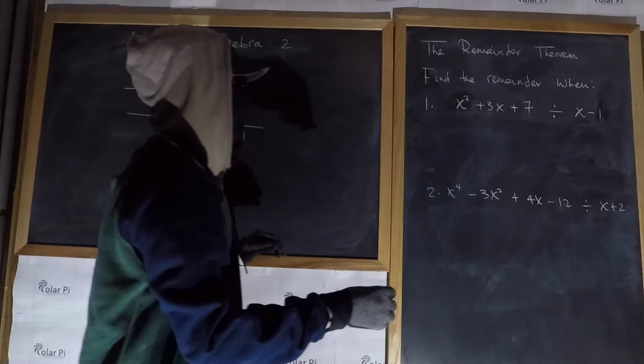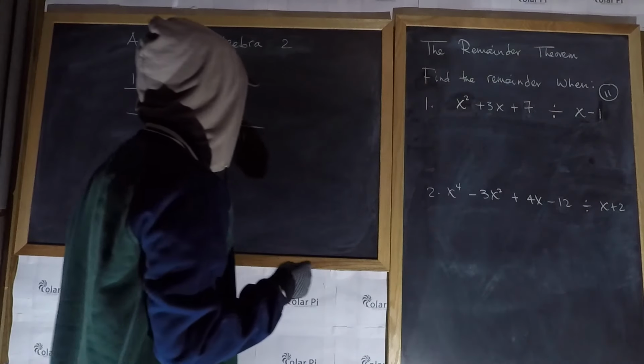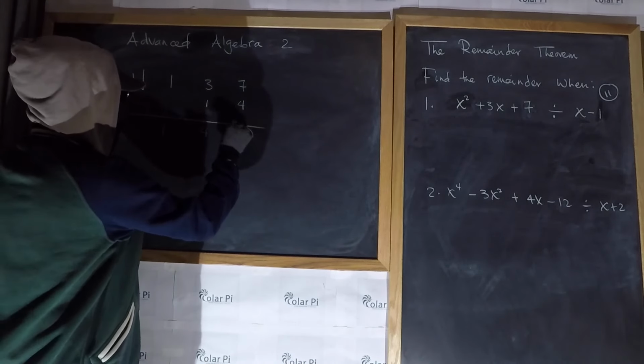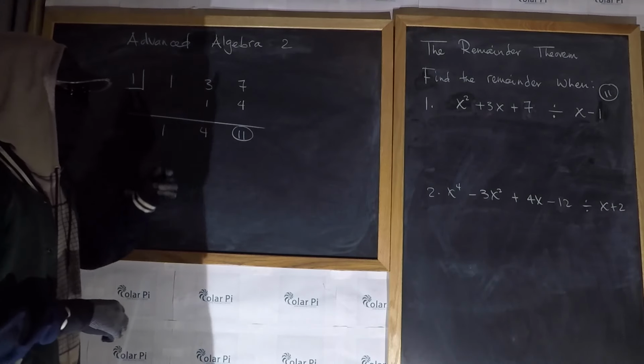So the remainder in this first polynomial division problem is 11. And we have the coefficients of the quotient as well.